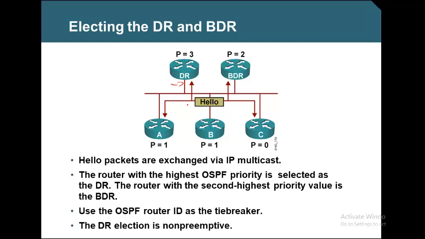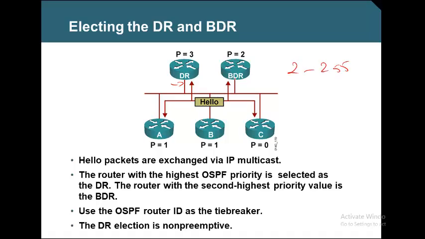But the default priority is 1. If we set the priority higher, you can set any number between 2 to 255. The number 1 is default. You can also set 0.